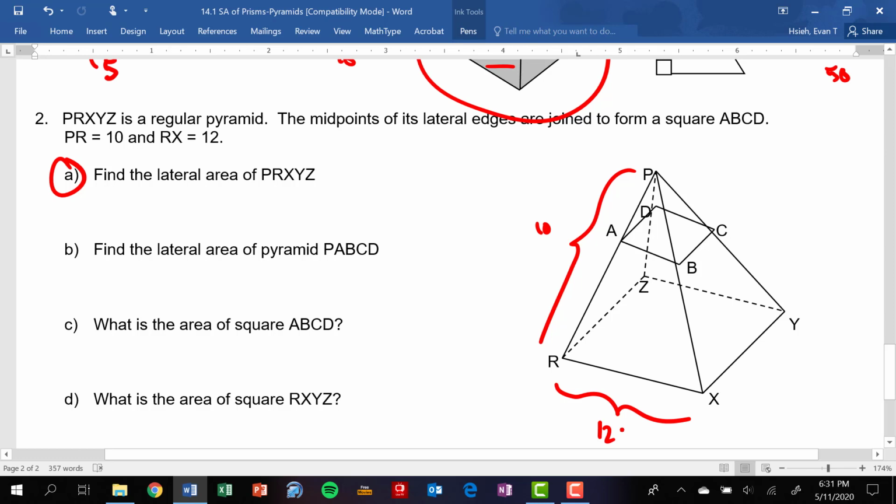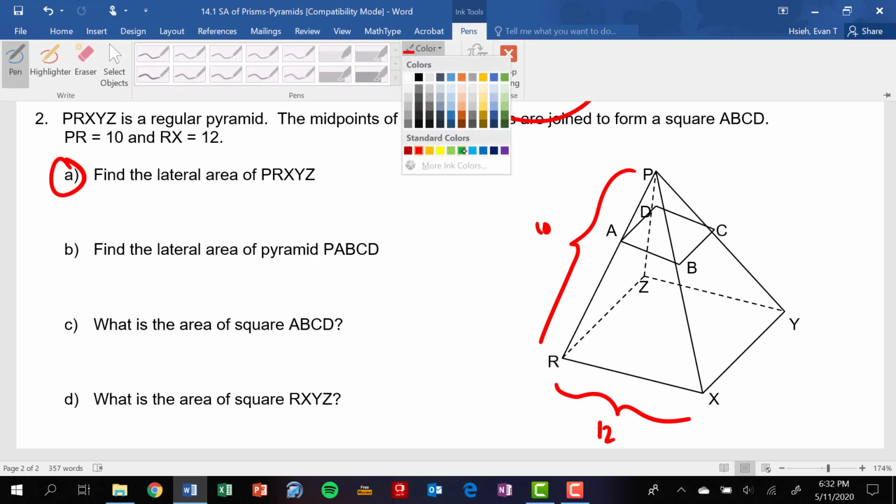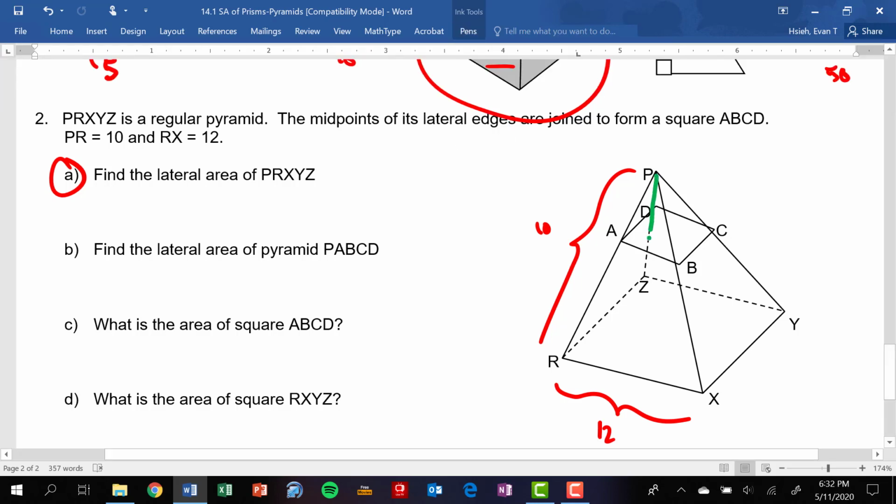So if I want to find the lateral area, I need to find this slant height here. This is the slant height, or the altitude, of one of the faces. And so this is 6, and so this must be 8. 6, 8, 10 triangle. So the slant height is 8.